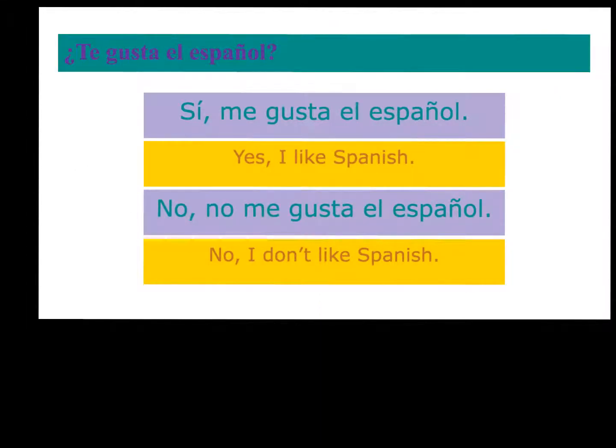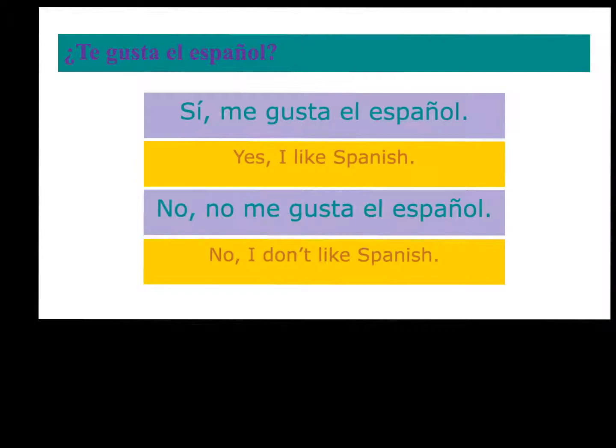So the Spanish for do you like Spanish, as we've seen, is the Spanish, is it pleasing to you? ¿Te gusta el español? And the two possible replies to this simple question are sí, yes, or no, no. The first of those would be followed by the positive statement, I like Spanish. Sí, me gusta el español.